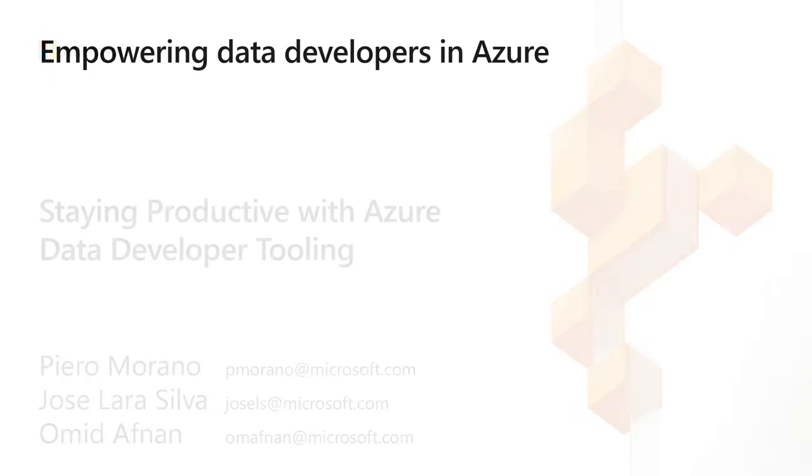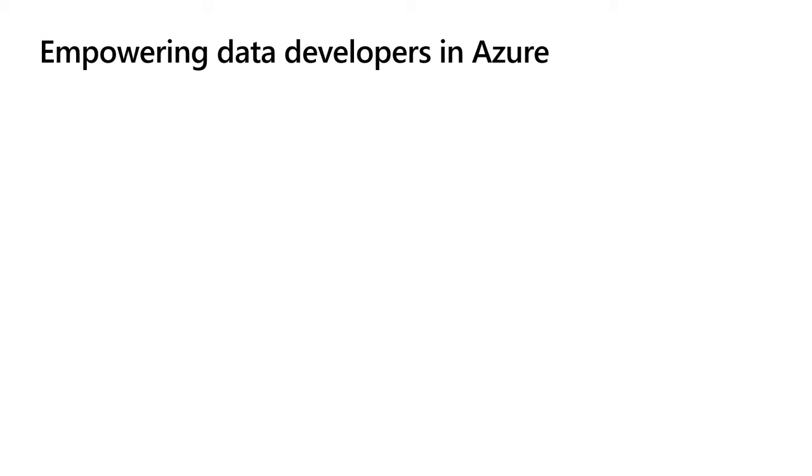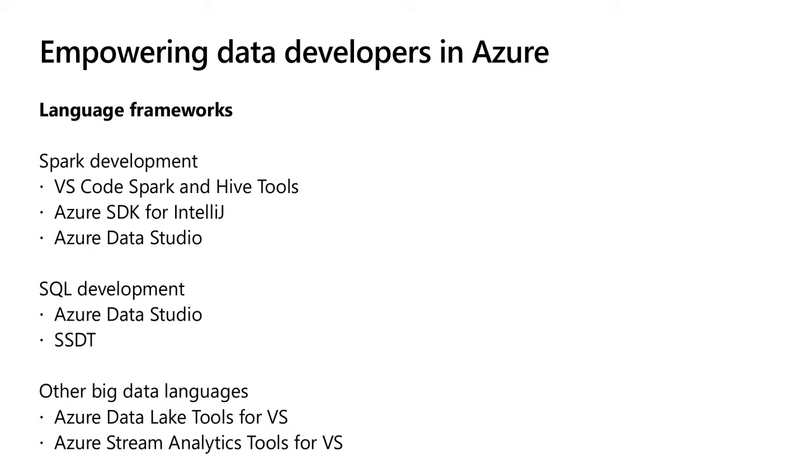To get us going, helping developers that work with data in Azure, we can look at it in two slices. One is by language frameworks. In the big data space, which is where we come from, Spark is currently very hot, and Spark development, especially with Java and Scala, is where people are going.